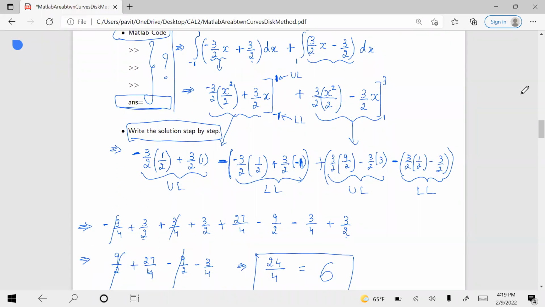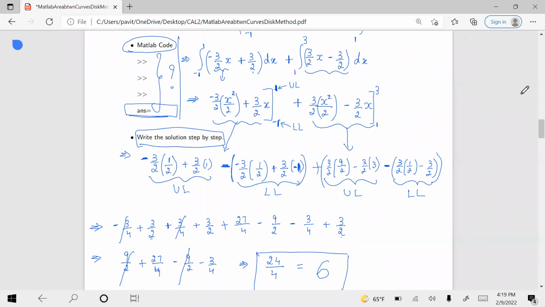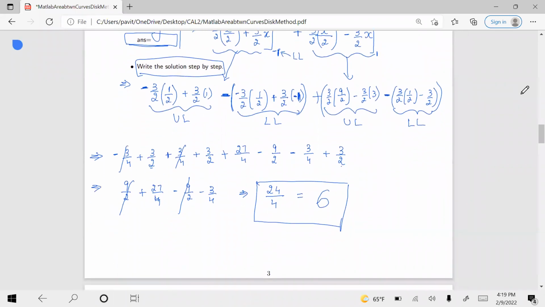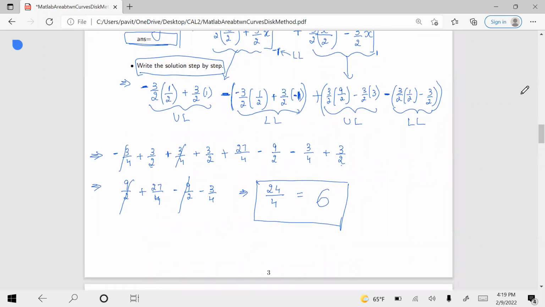Now, I will teach you how to do this in MATLAB as well. But before that, let me do problem 5.